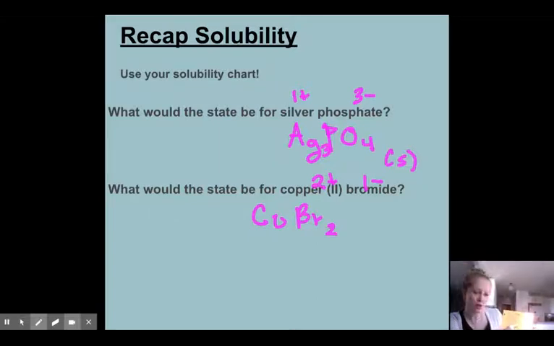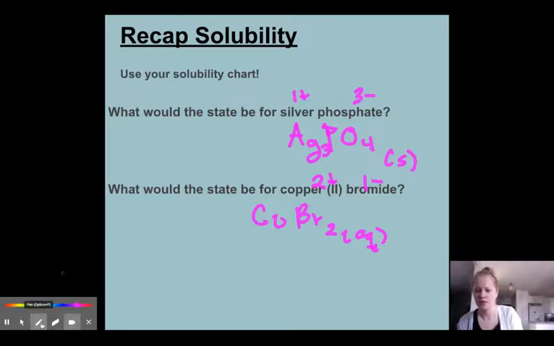Now, copper 1 positive is down below, but keep in mind this is 2 positive in our example because copper is a multivalent metal. So it actually falls under the most top part. So this would actually be highly soluble, aka aqueous. Okay, which means easily dissolved in water.